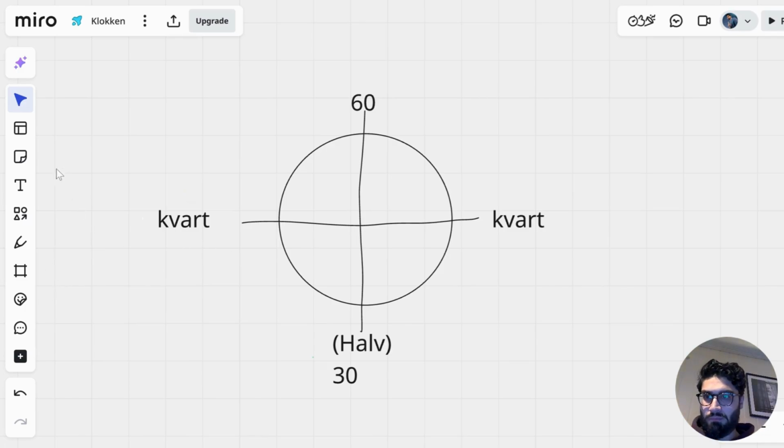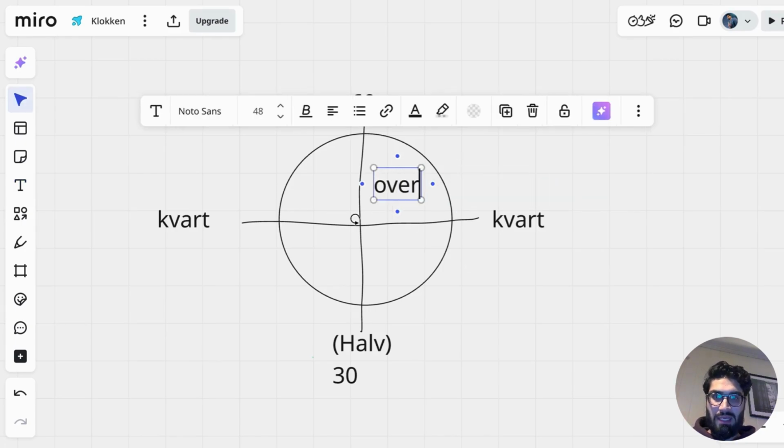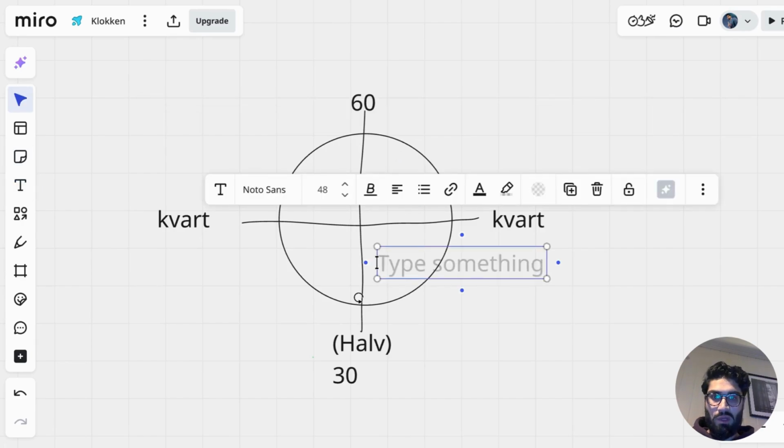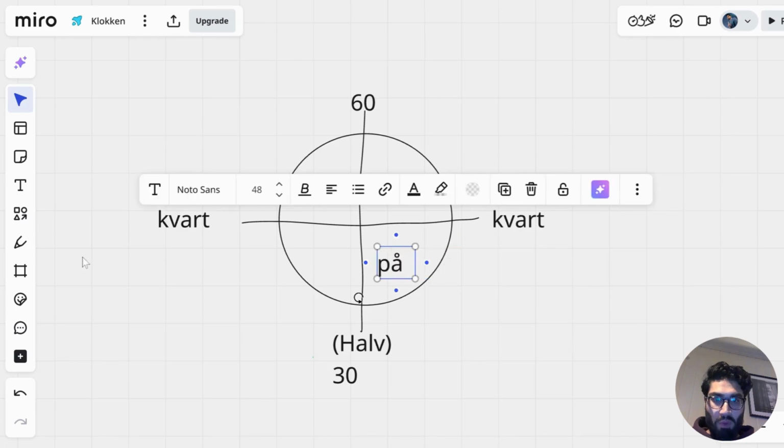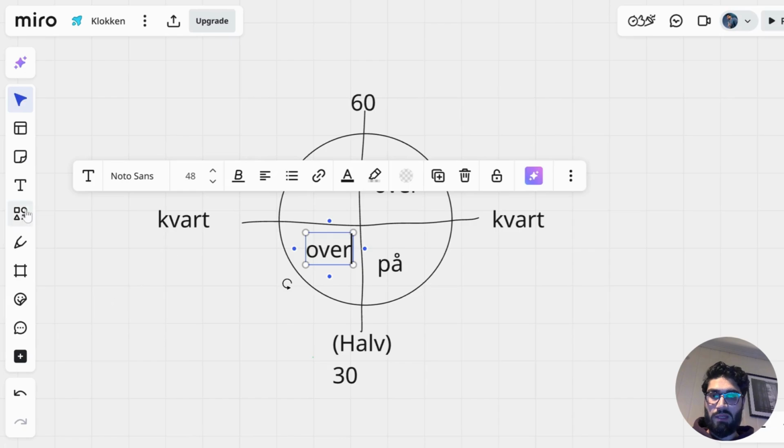And then we have, inside these four parts, the first one is over. The second one is på. The third one is over as well.